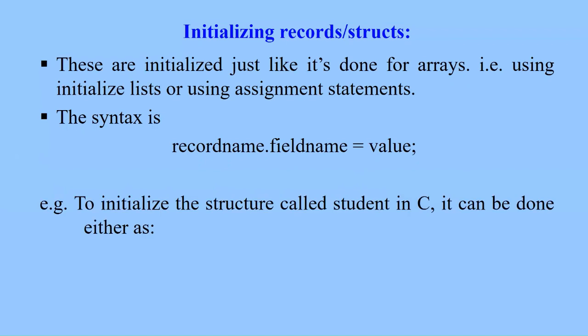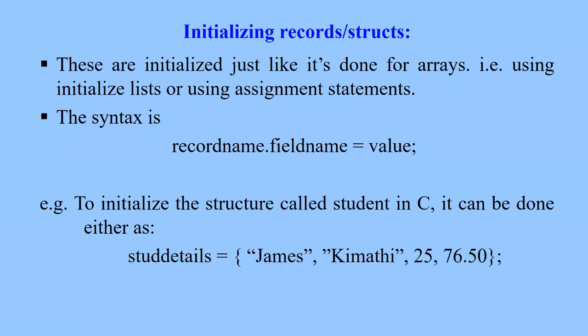For example, to initialize a structure called student in C, it can be done either as student details equals, and in this case we are assigning the following values into the various members of our record.